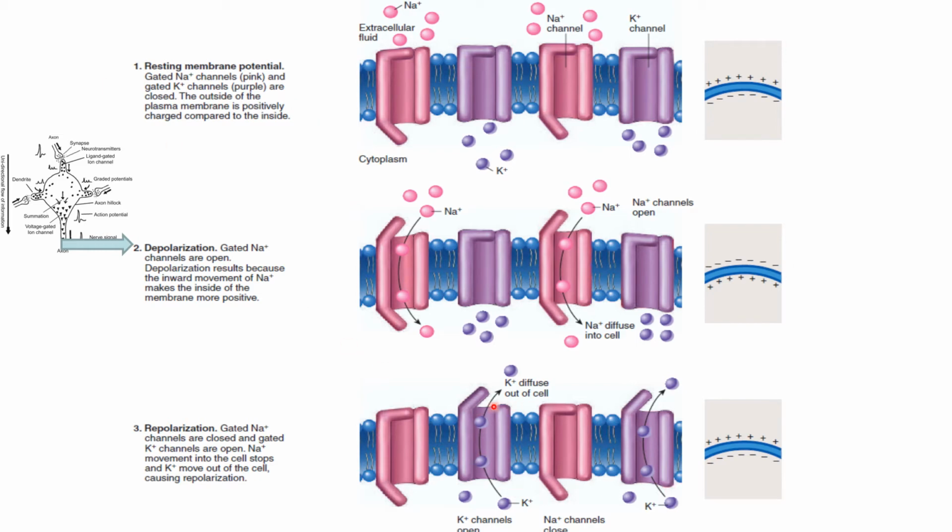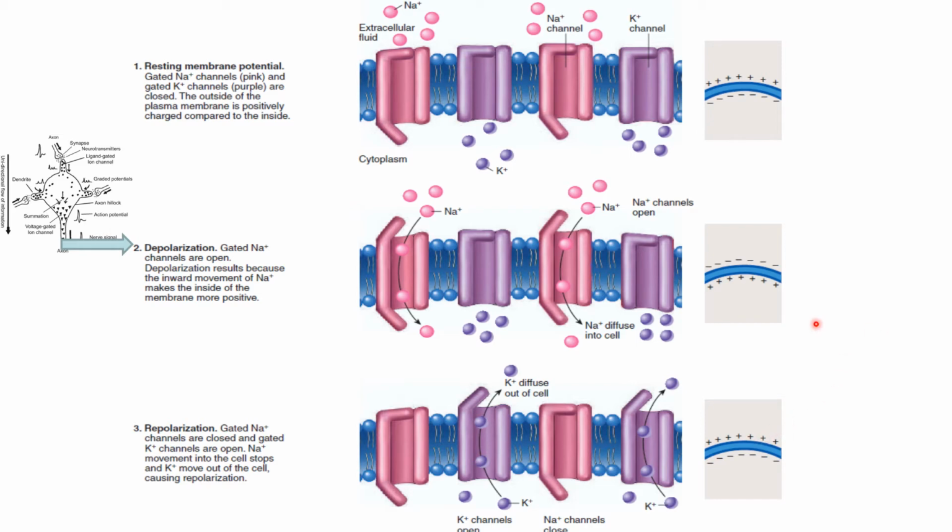Then hyperpolarization occurs, because these potassium channels are slow to close. So when the membrane passes the resting membrane potential, these potassium channels are not closed, and potassium keeps on leaking. The inside becomes more negative than the resting membrane potential, and this is called hyperpolarization. It goes beyond minus 70 millivolts, the resting membrane potential, to minus 90 millivolts, for example.